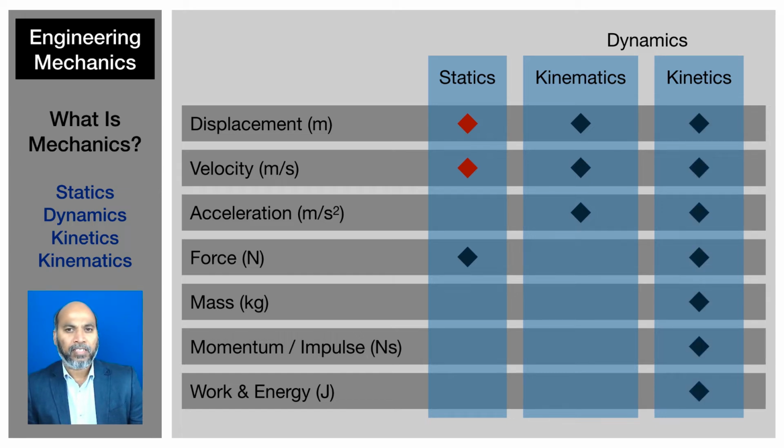Then if we consider the rest of the things like force and mass and momentum, impulse and work and energy and all the rest of it, then it is kinetics. So kinematics and kinetics put together obviously is dynamics, and dynamics and statics together is mechanics. So this is one way to understand mechanics in terms of these divisions.